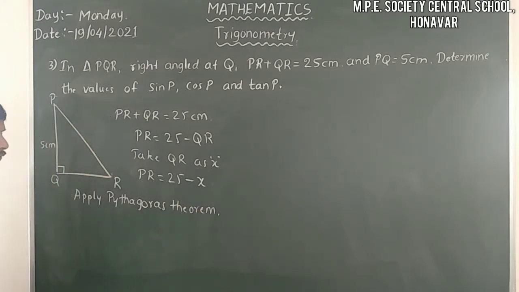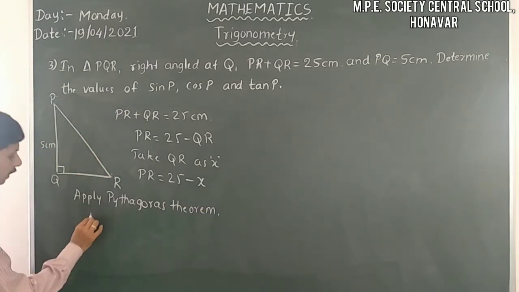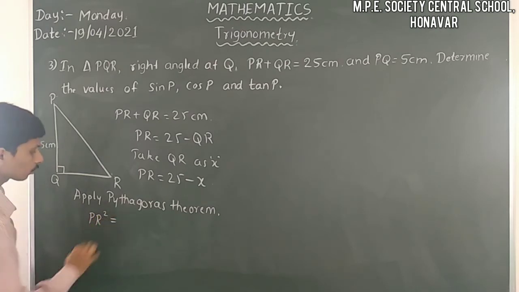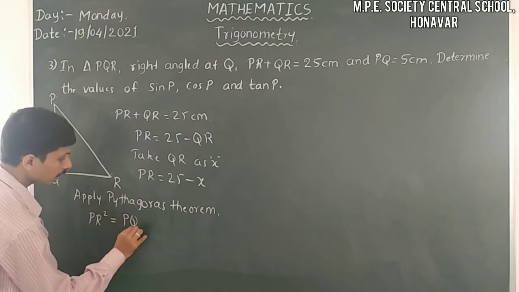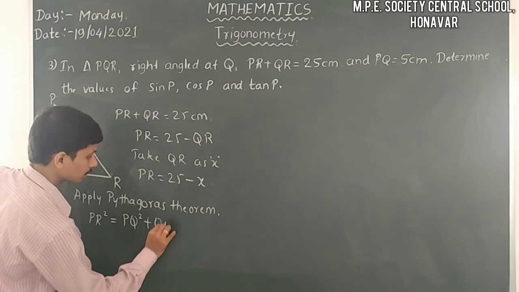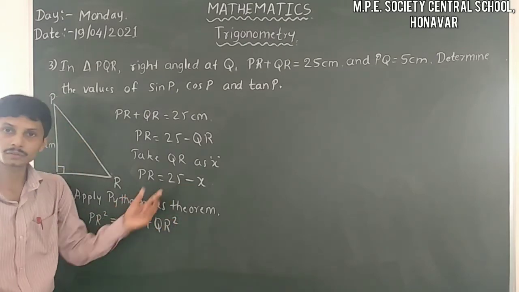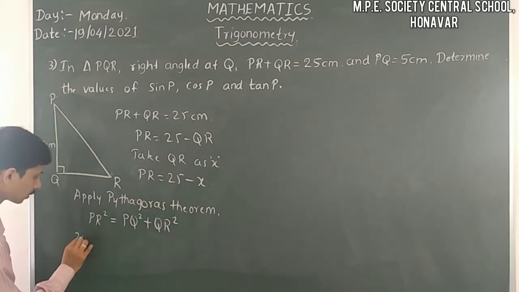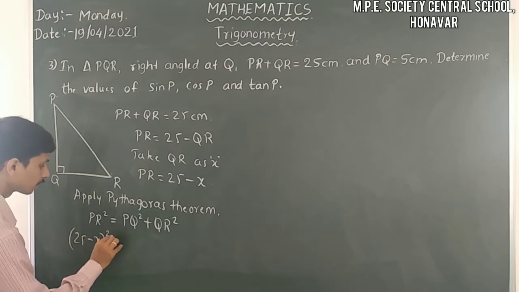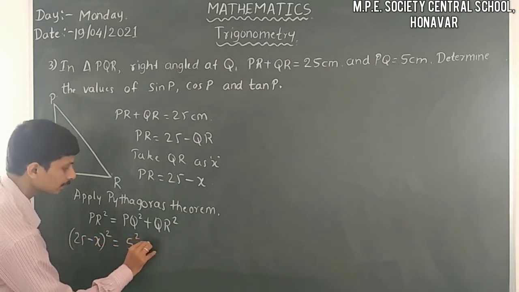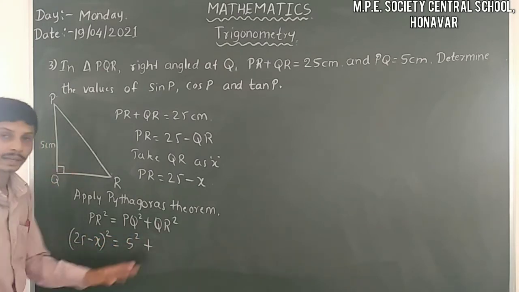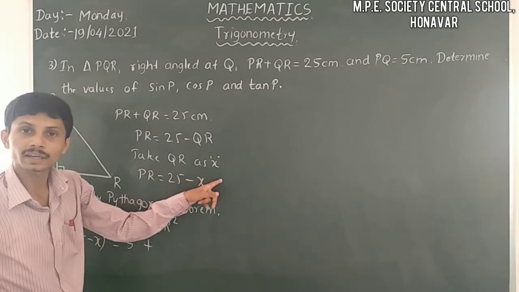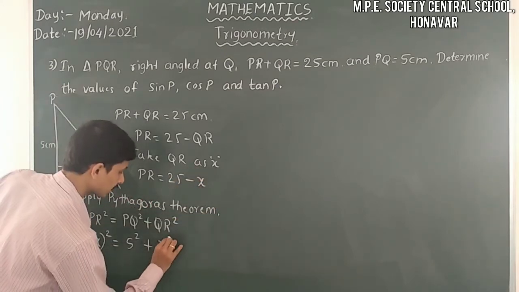Applying Pythagoras theorem means PR square is equal to PQ square plus QR square. PR we already know is 25 minus x whole square, equal to PQ square, that is 5 square, plus QR, which we taken as x, so x square.